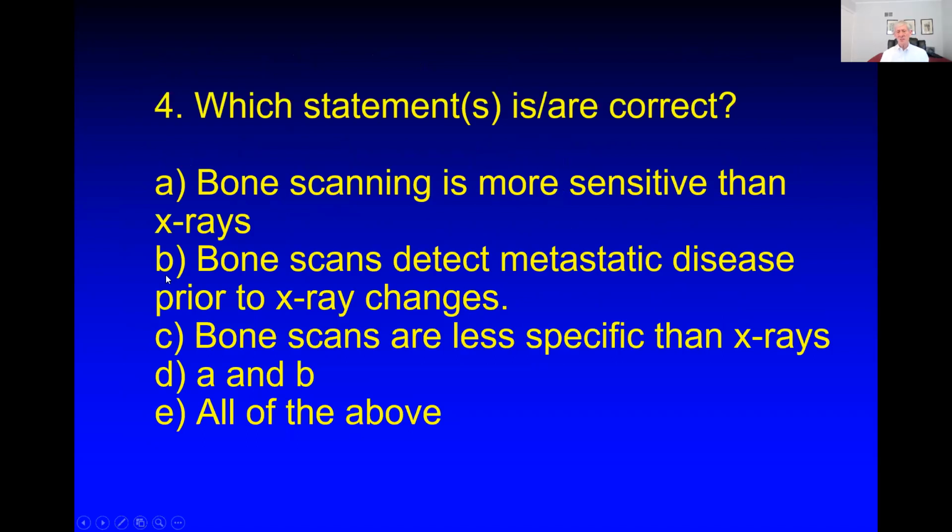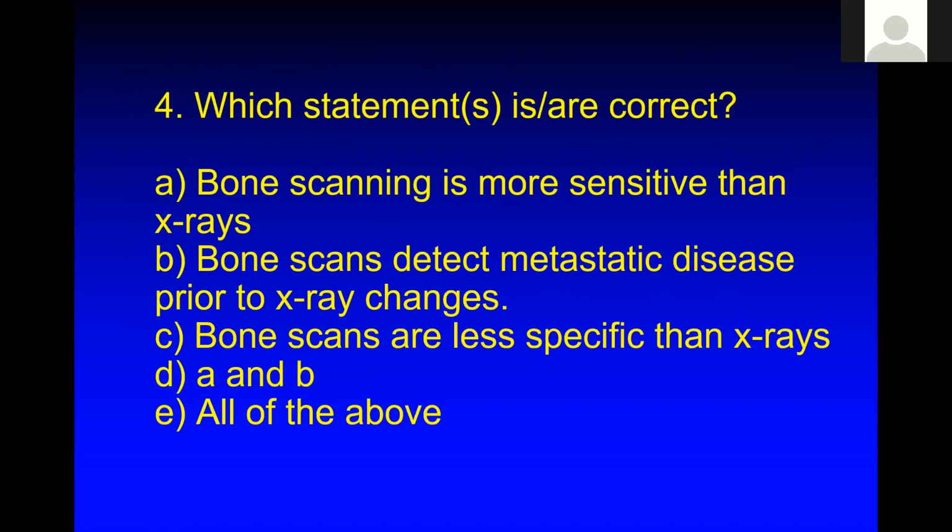Which statements are correct? Let's go down the list. Bone scanning is more sensitive than x-rays. True or false? True. Bone scanning detects metastasis prior to x-rays. True. Bone scans are less specific than x-rays.